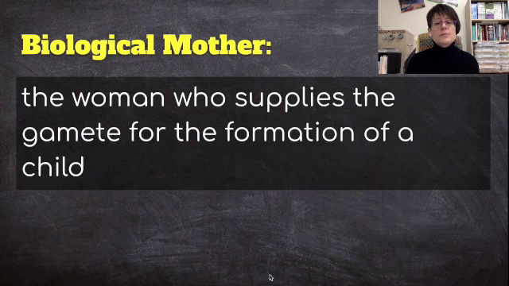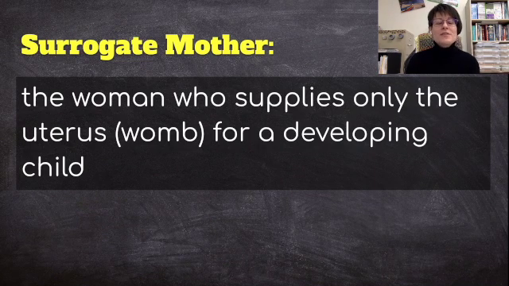So, with the biological mother, a lot of times the developing embryo is then implanted into her. However, sometimes a surrogate mother is needed, and this is the woman who supplies only the uterus or womb for a developing child. In this case, either due to the fact that the woman is unable to carry the child, or maybe she just does not want to go through pregnancy for some reason, a surrogate mother is used.